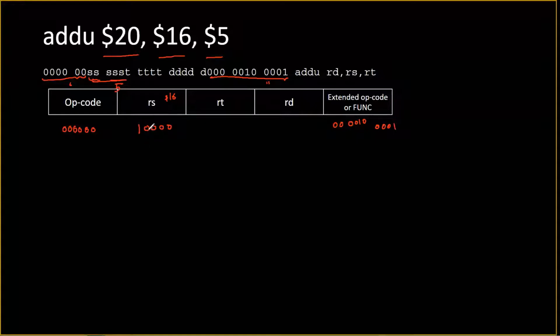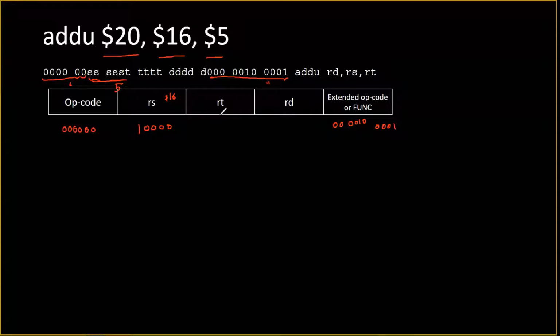That should be 16. And we have 5 bits only here: 0, 1, 2, 3, 4, indexing from 0, so that's a total of 5 bits. This is going to be 2 to the power of 4, that is 16.